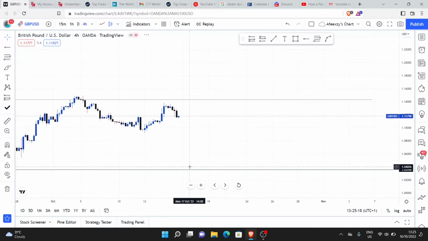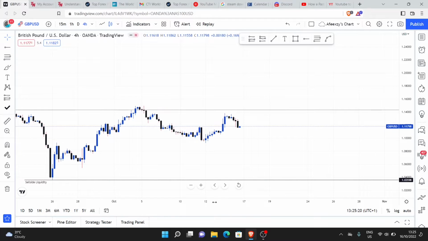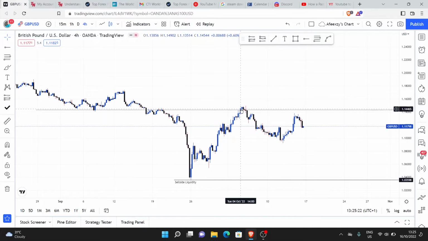Going to our 4-hour time frame, you can see that last week pushed up, then later pushed down, and ended the week in the middle. At first we pushed a bit up to this zone here, and then we started seeing a bearish push to the downside.